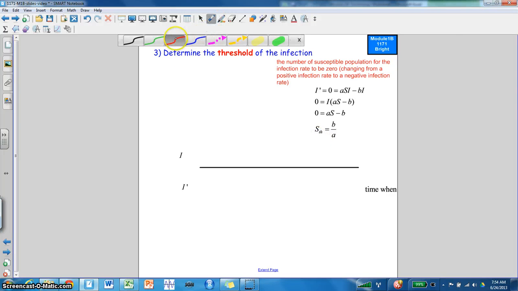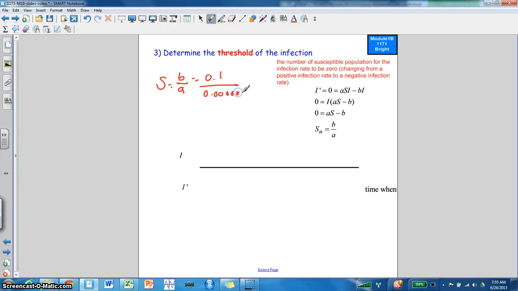The threshold here is just S equal to B over A. B was 0.1, A was 0.00016, and doing that computation, you get 625,000.